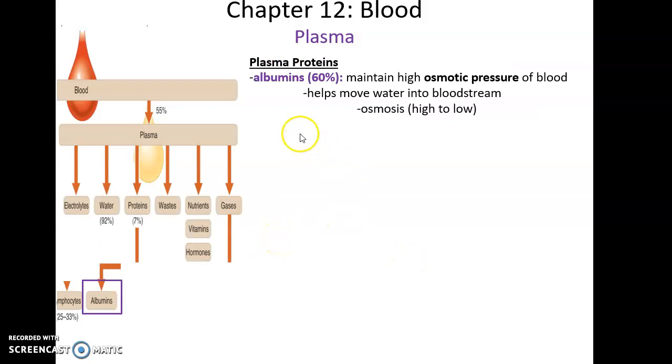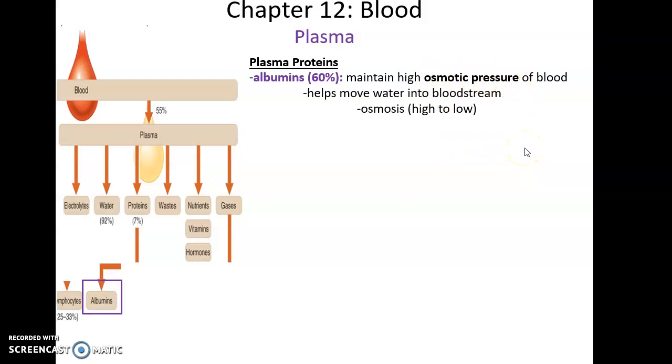So there are also plasma proteins found in blood. One type of plasma protein is albumins. Albumins make up about 60% of the plasma proteins in plasma, and their function is to maintain a high osmotic pressure.